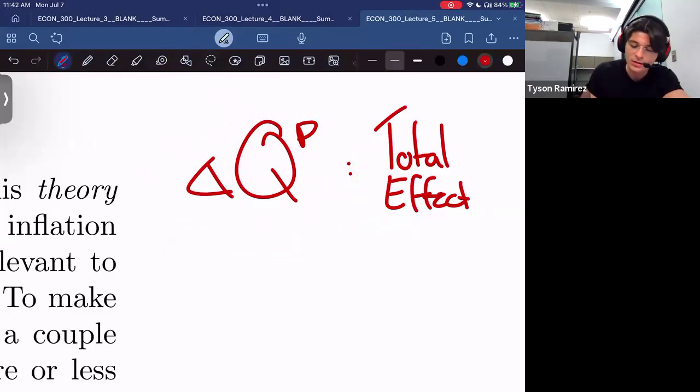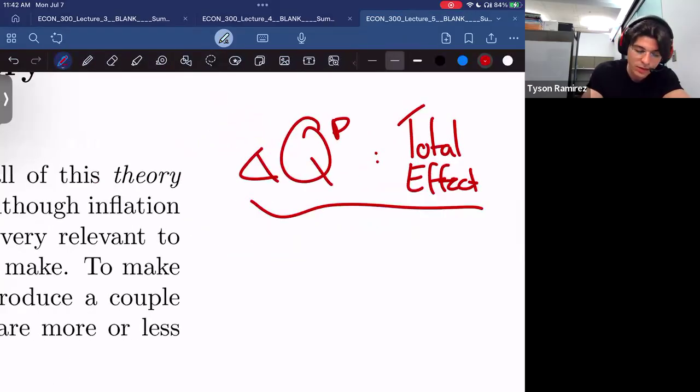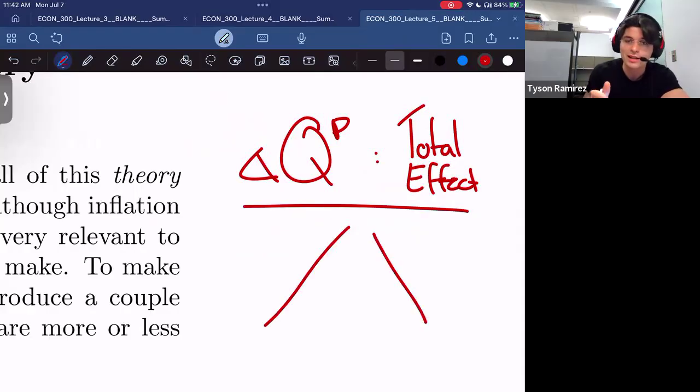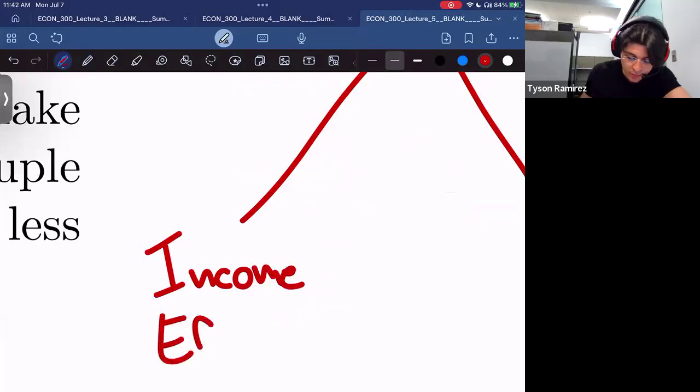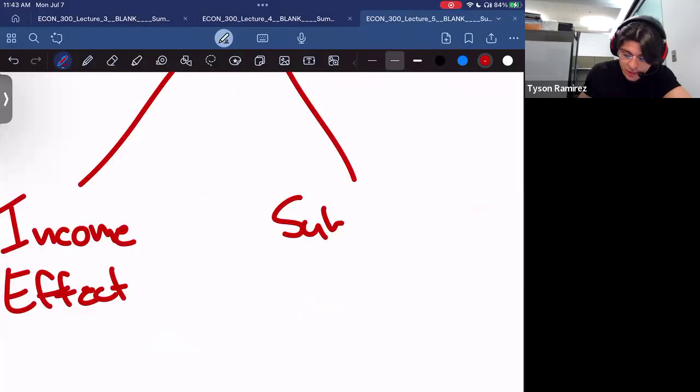We can break this down. Part of the change in our demand will come from, we want to break it into two components. We'll have one that's called the income effect and one that's called the substitution effect.